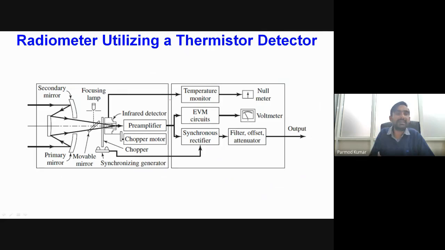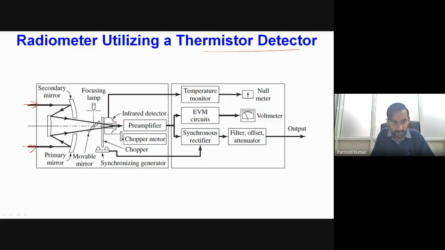Then this is the detailed layout of a radiometer based on the thermistor detector. You can see this is our main source from where we get the thermal radiation. These thermal radiations are passed through a number of mirrors, and the mirrors are arranged in such a fashion that the entire light is focused on a single junction.